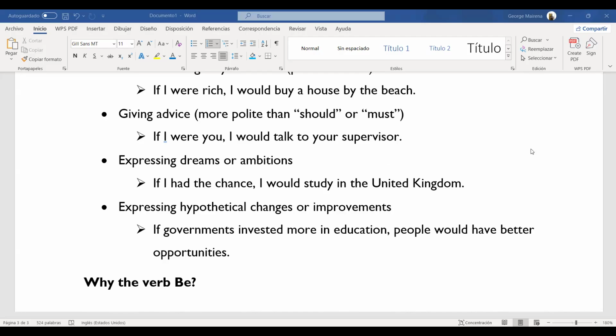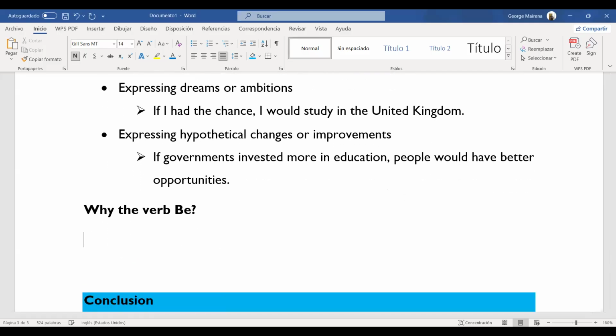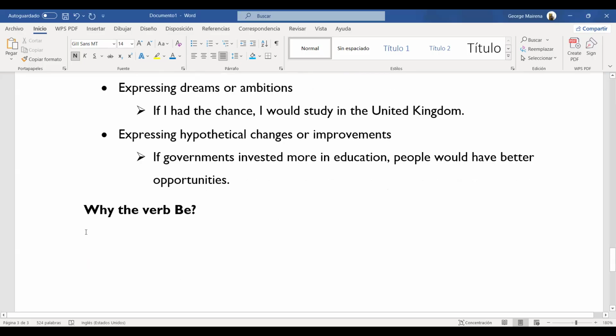I think the main reason is that we have if at the beginning of the sentence and you are talking about hypothetical expressions, so you need to use were. I don't remember how to say it, hipotéticos, something like that. It's necessary to use were instead of the verb in the base form. Okay, good.